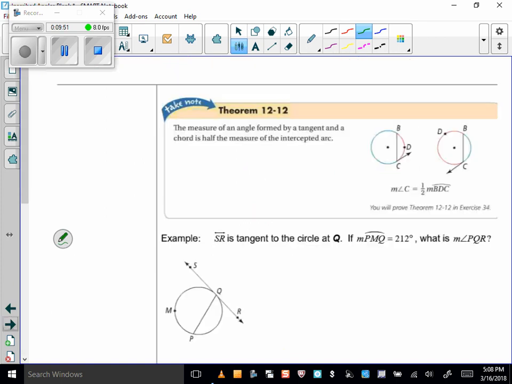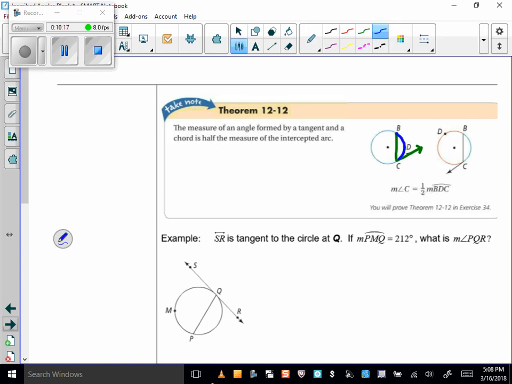Oh, got another theorem here. The measure of an angle formed by a tangent and a chord is half the measure of the intercepted arc. So if you look here, here's a tangent, here's a chord. The measure of the angle would be half the measure of the intercepted arc.